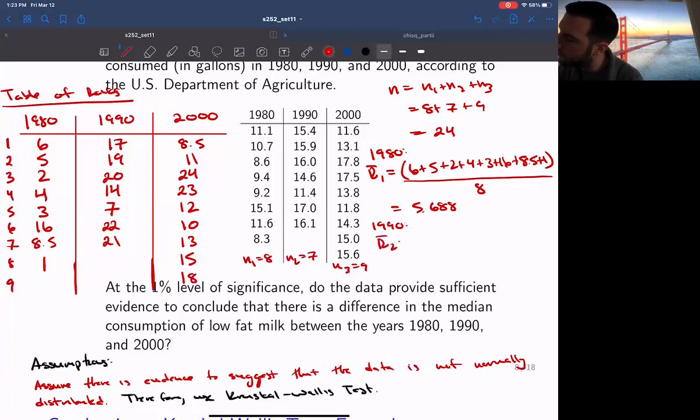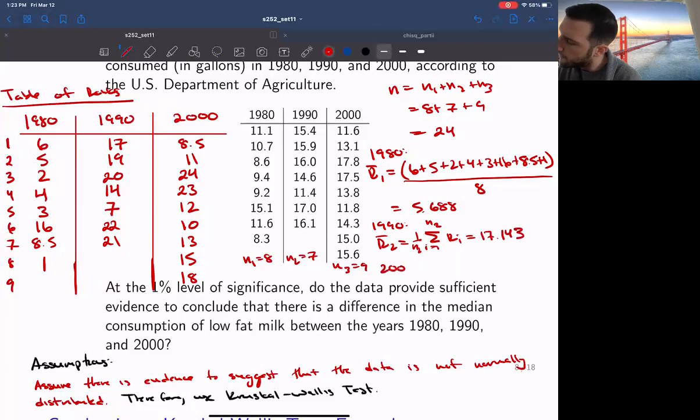So R bar 2 is going to be the sum of the ranks. So the sum from i equals 1 to little n2 of Ri over n2. So that's going to be 17.143.